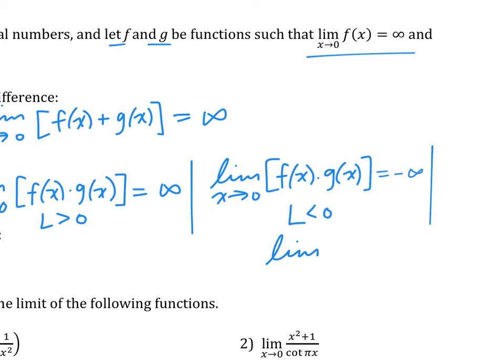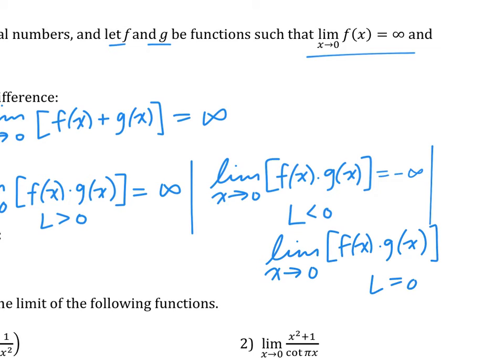Now, third case. This is the hard one. When you're multiplying the two together, this time L is 0. Ooh, we don't know. This one is a special limit because you can't say 0 times infinity, infinity is gone. So you cannot assume. Later on, we'll talk about what to do. That's a special case.